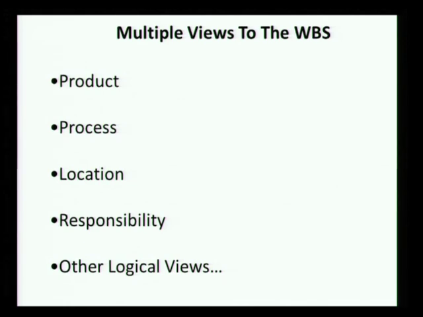Now we step back, and if you take a work breakdown structure, you have multiple views. You have the product view, the process view. You can break it down by location, you can break it down by responsibility. There are many other logical views. The challenge is that, when you take a project and all its stakeholders, one view or another is always applicable to some.